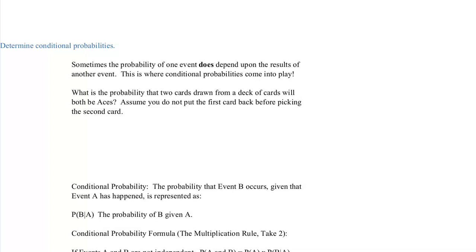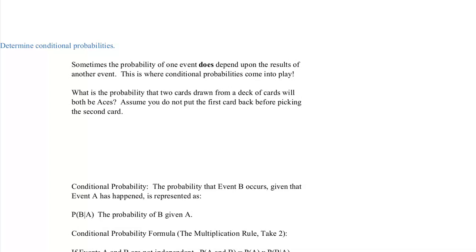Sometimes the probability of one event does depend on the results of another event, and that's what we call a conditional probability. So we want to figure out the probability that two cards drawn from a deck of cards will both be aces. Assume that we do not put that first card back.